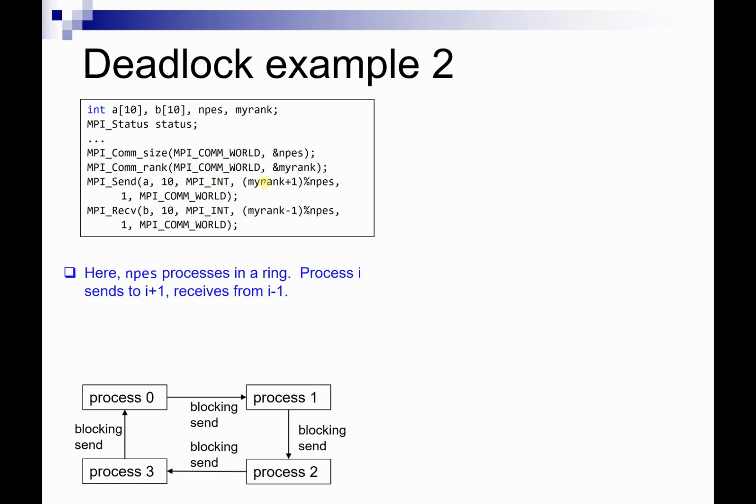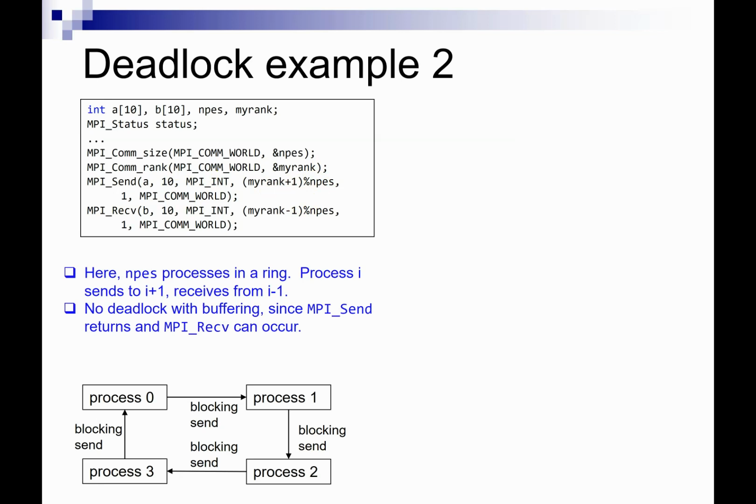I take my rank and add 1, so that's the next process, and I take this modulo the total number of processes. And then I receive from the previous process, so my rank minus 1 modulo NP.